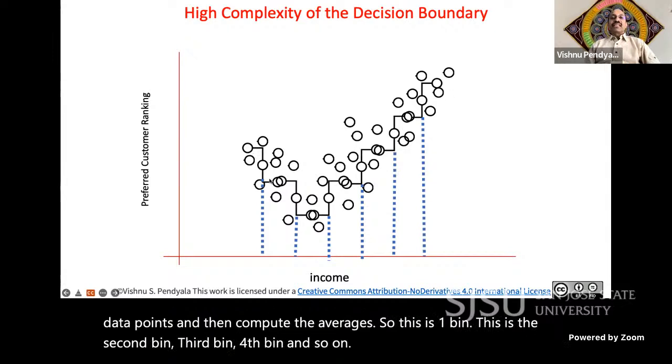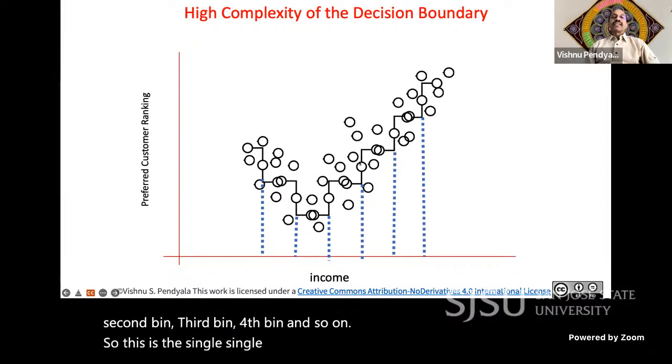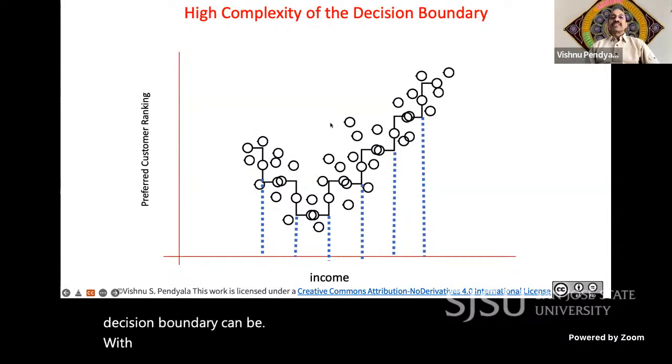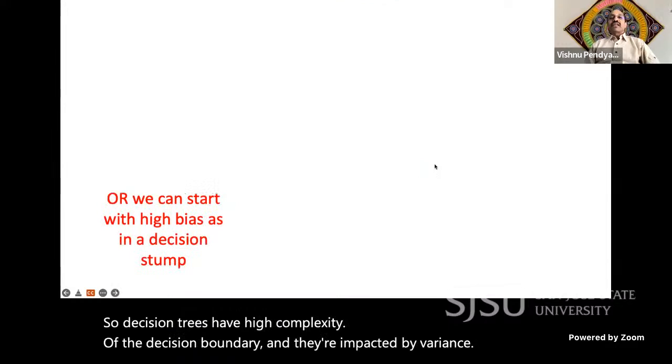This is just a single feature, right? And you can see how complex the decision boundary can be with each of the decision splits. So decision trees have high complexity of the decision boundary, and they're impacted by variance. So that is one way we can start.